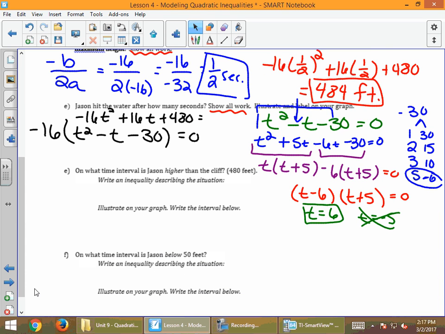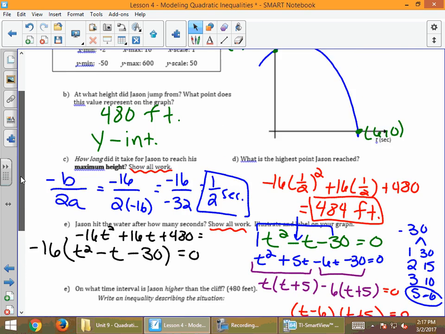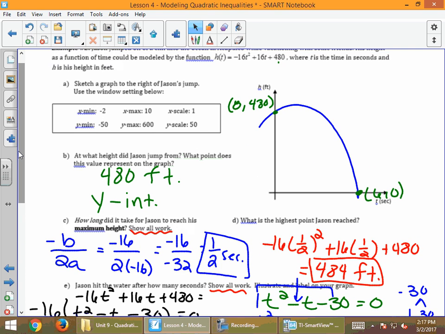So part E is asking, on what time interval is Jason higher than the cliff? So higher than 480 feet. Well, just like we did on the last problems, we illustrate it on our graph. So here's 480.